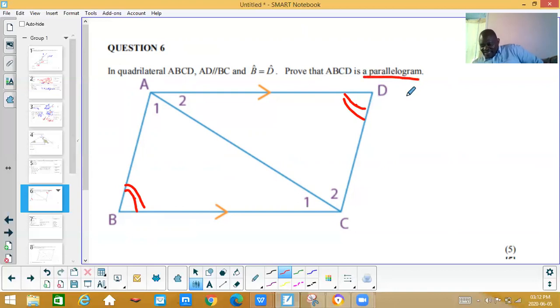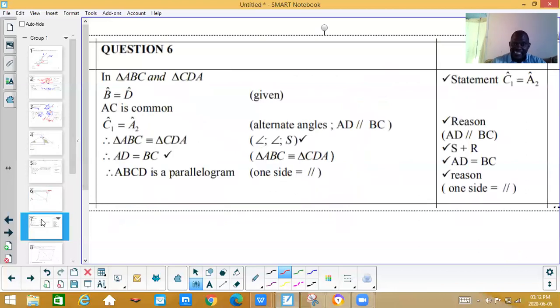When you are proving that it is a parallelogram, you must know the properties of a parallelogram. Then you choose the most appropriate one that will satisfy the condition that you are given.